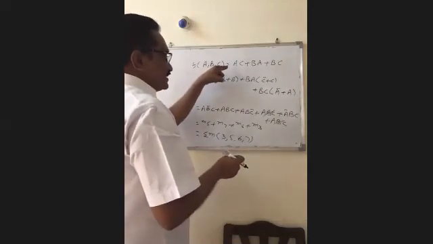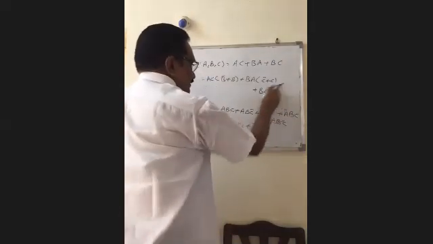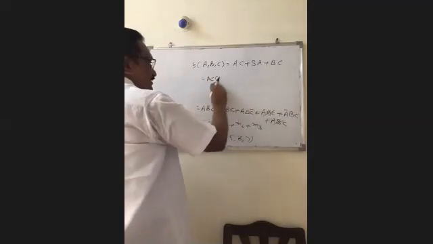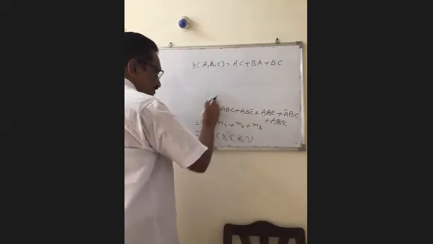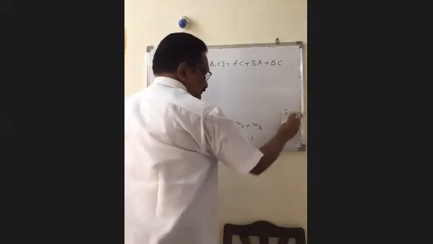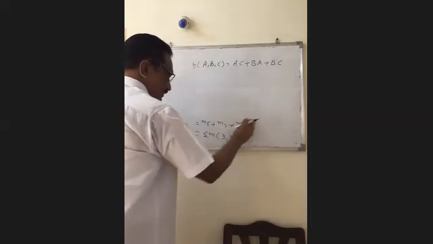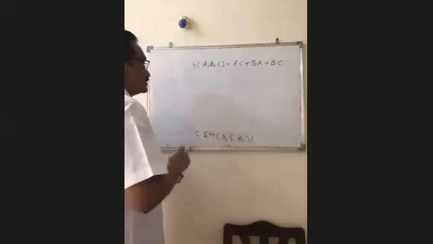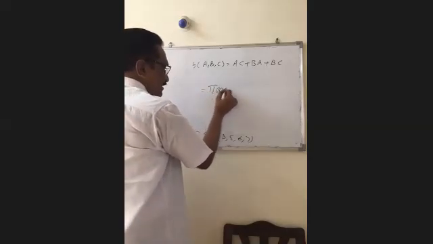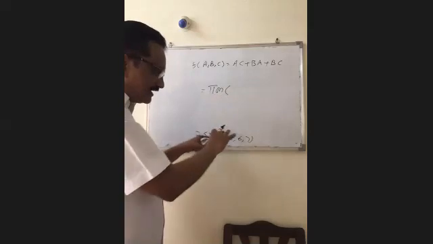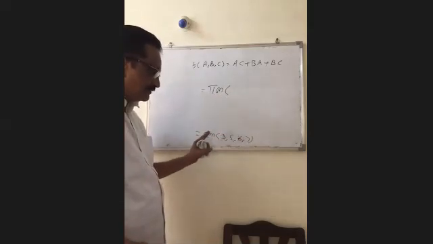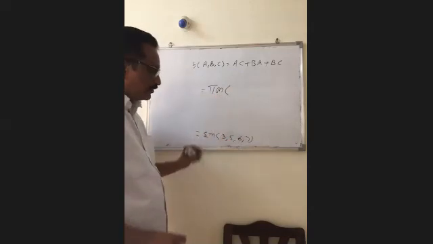So for the same expression, what is the equivalent canonical POS expression? The same term can also be written as pi capital M of, what are the remaining terms? 0, 1, 2, 4.